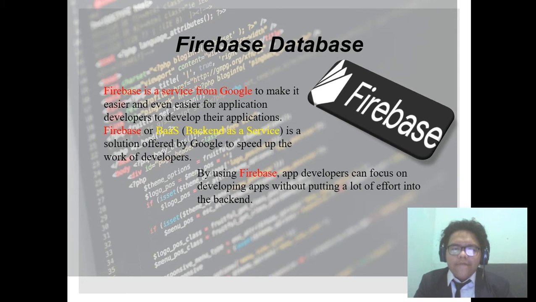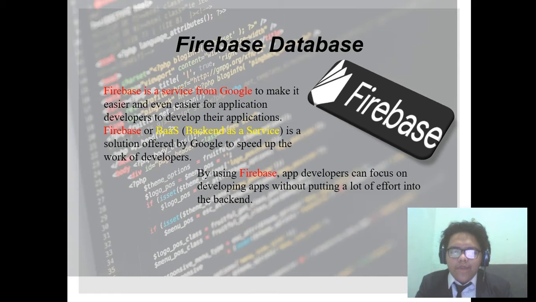Next is the Firebase Database. Firebase is a service from Google to make it even easier for application developers to develop their applications. Firebase BaaS, or Backend as a Service, is a solution offered by Google to speed up the work of developers.